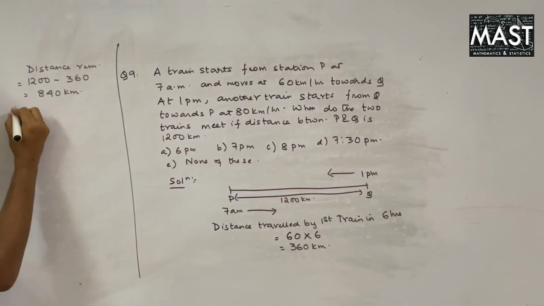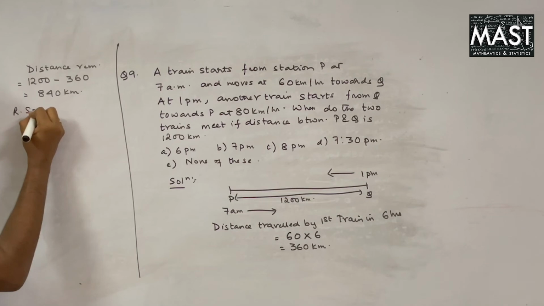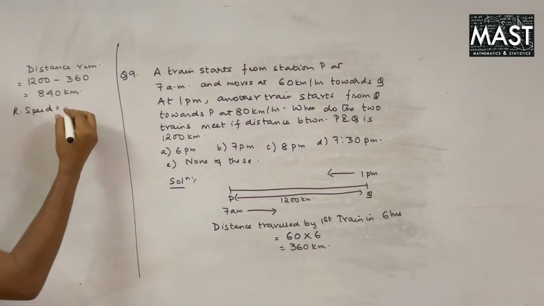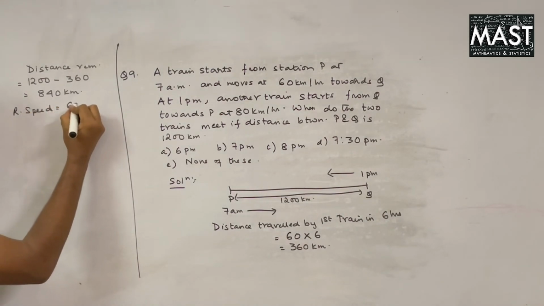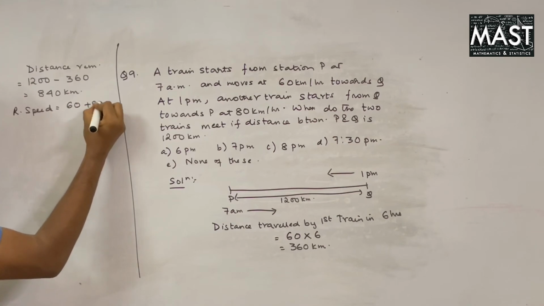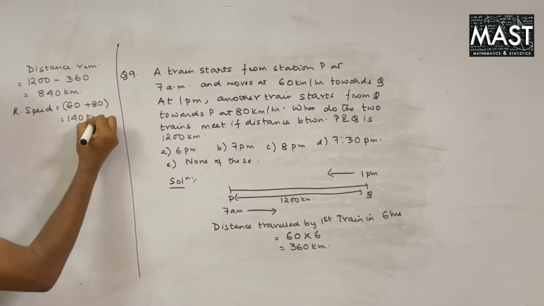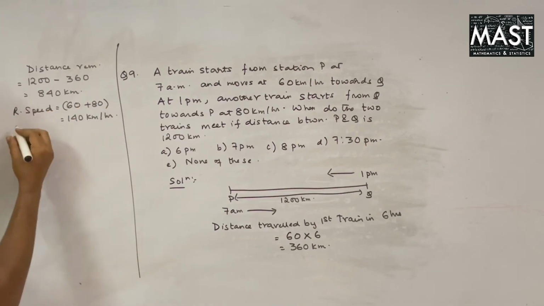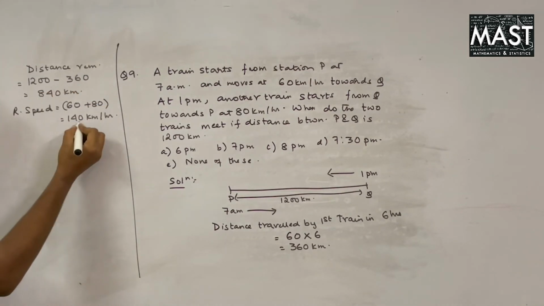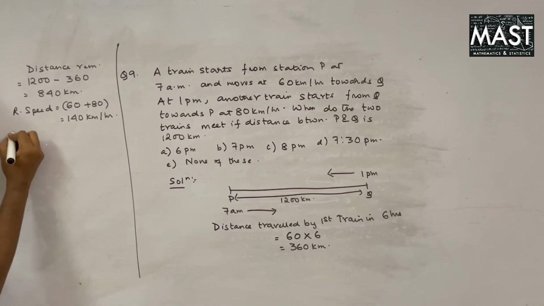So we will have a scenario for relative speed. Since the trains are coming from opposite directions, their speeds will get added. So we'll have the relative speed as 140 km per hour. Distance is 840 km, relative speed is 140 km per hour.